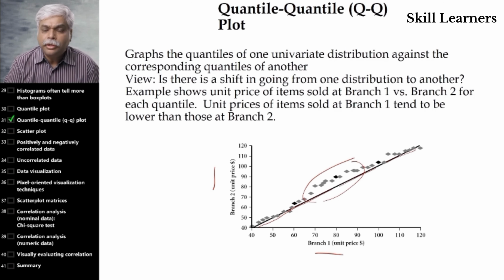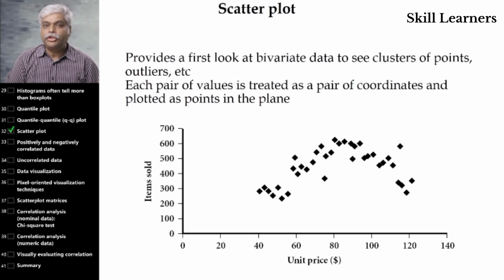In future sessions, you might see this trick to compare not just two distributions, but also to compare one distribution versus a given shape, for example, the bell-shaped, and ask, is my data consistent with a bell-shaped distribution or not? So the quantile plot is a way of looking at comparatives of different distributions.